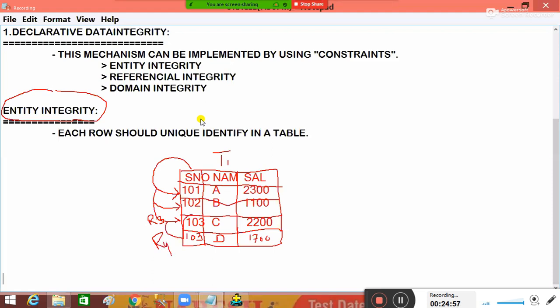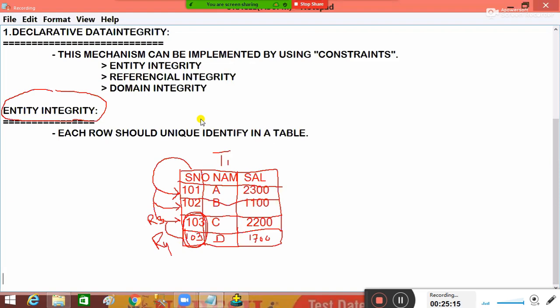So each row is not uniquely identified, yes or no?